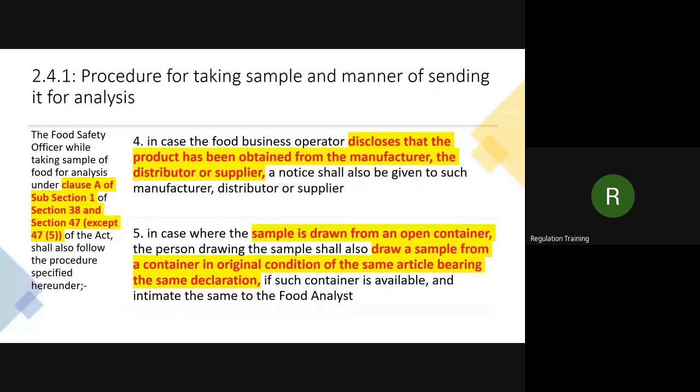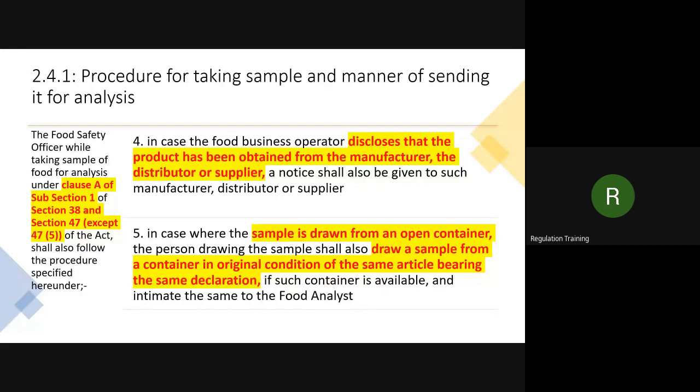Field work is the FSO's. So the food analyst's role is very different from the FSO's role. The food safety officer has the field job and will not go to the lab for testing. They will collect the sample and send it to the laboratory. The food analyst will do the testing on whatever sample is received in the laboratory.